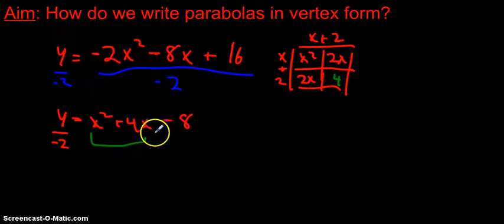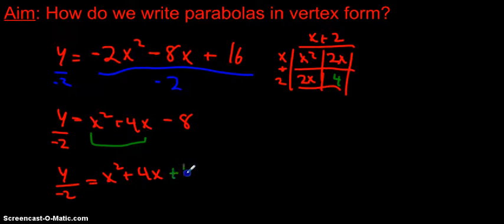Now, in the previous examples, we worked with completing the square. Whatever we add to one side, we add to the other, but we don't really want to put anything with y, so instead of adding it over here, we're just going to add and subtract it here. So that gives us y over negative 2 is equal to x squared plus 4x. We're going to add a 4 here. At the same time, we're going to take it away right next to it.